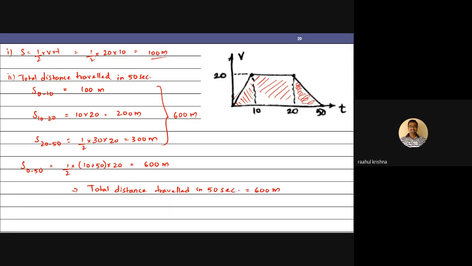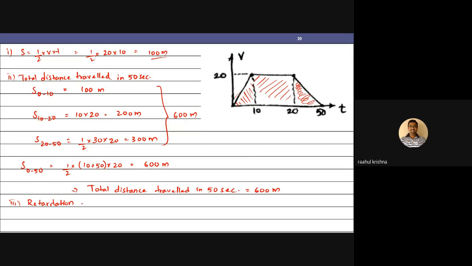Now, the third part of the question: I was supposed to find out the retardation, right? When I was finding out the displacement, I was finding the area under the curve.